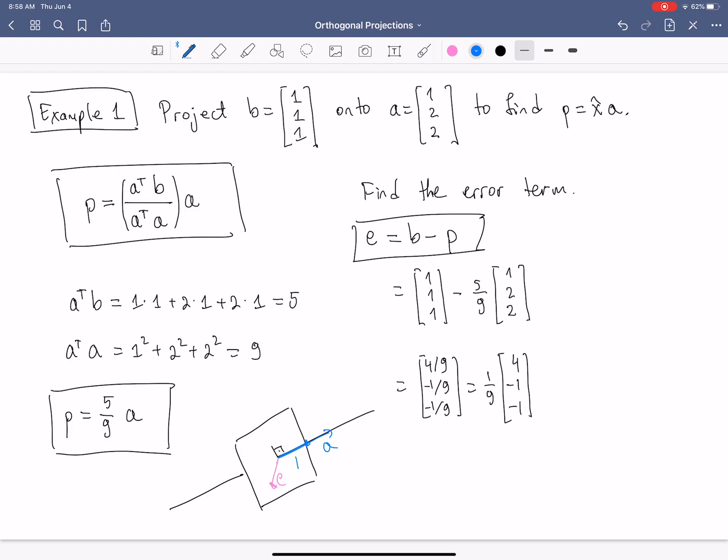So this would be the projection P. And the sum of P and E gives us the vector B. So if we add those up, I don't know in 3 space how that will look, but that would be the vector B. So we did that decomposition into 2 orthogonal complements. You see the plane is the orthogonal complement of the line going through A within R3. Okay, that's enough for this video.